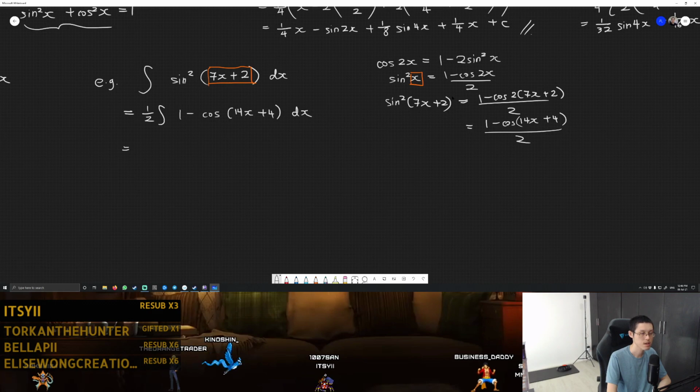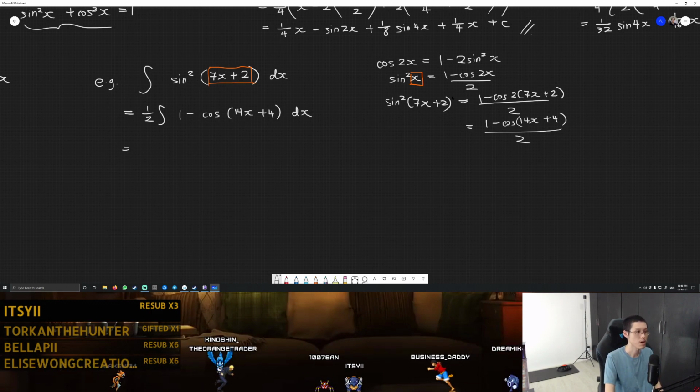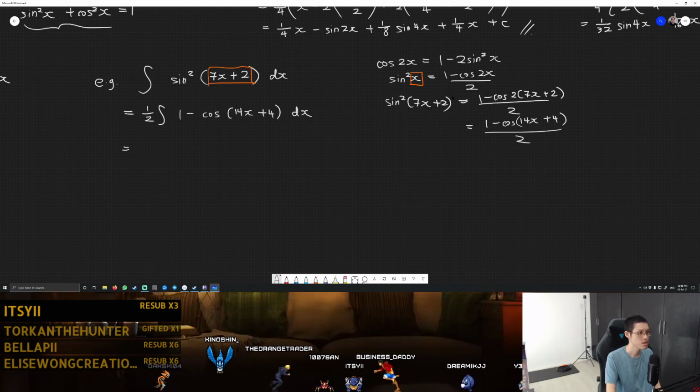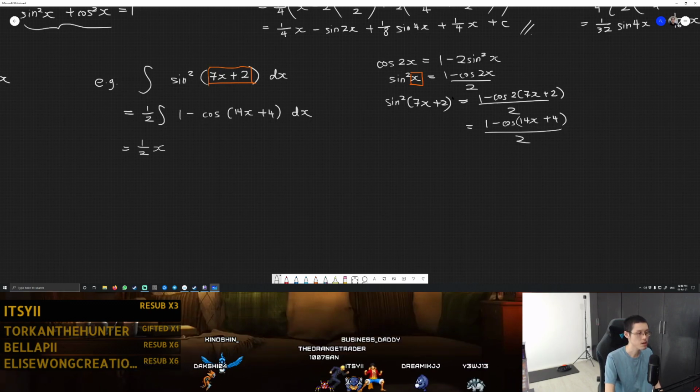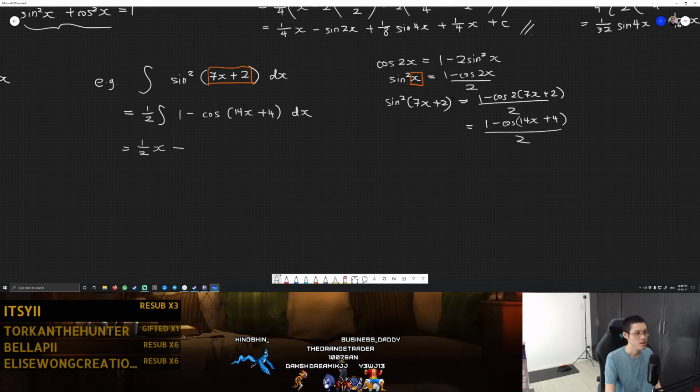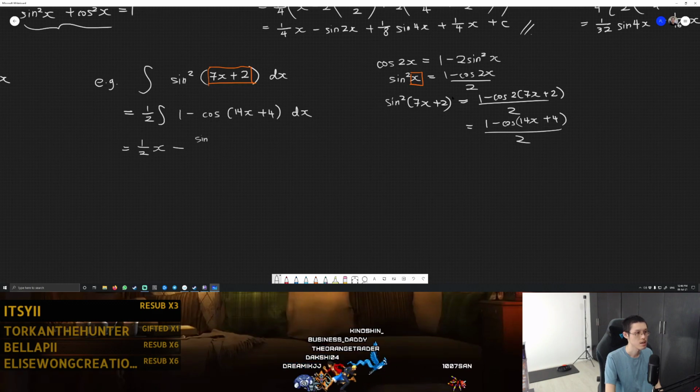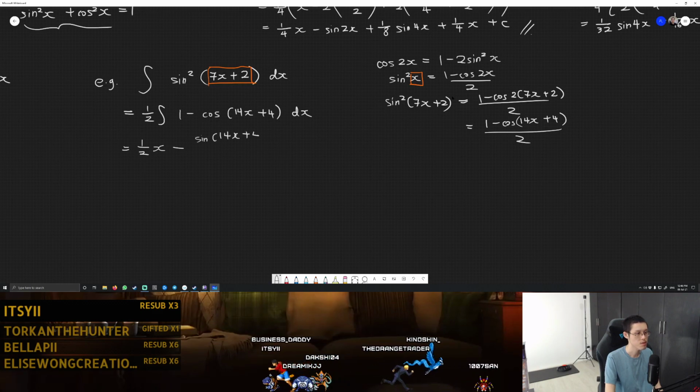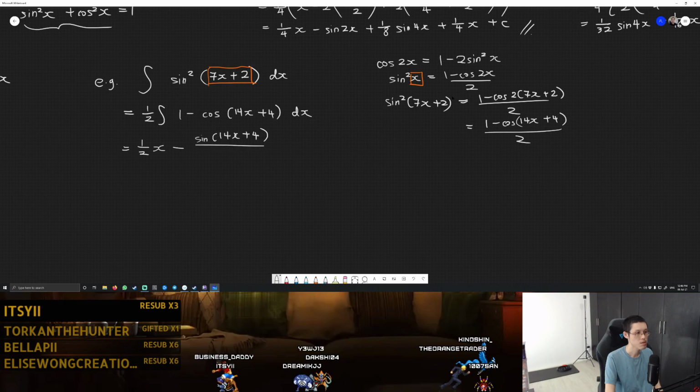The next thing is we will integrate each term separately. So the first term is half x. The second term: what happens when you integrate cos? You get sine (14x plus 4), and then you differentiate whatever is inside the function, because this is a linear function, so we can actually do that.